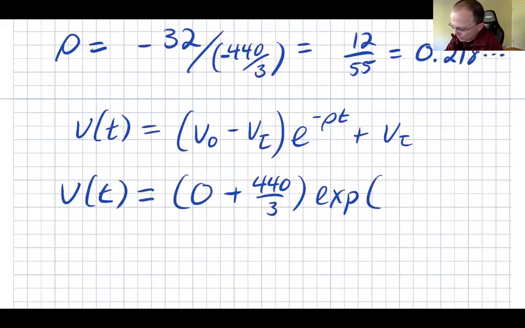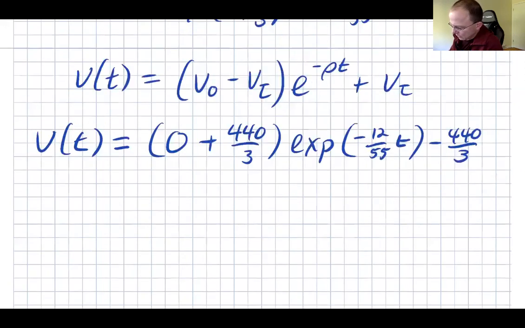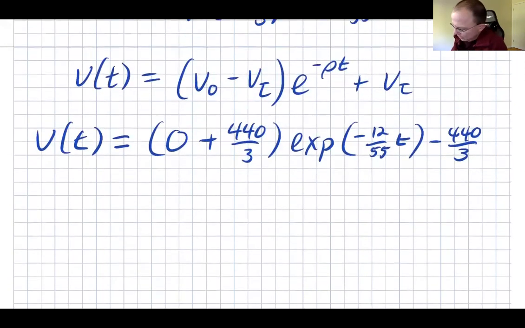All right, perfect. So now we have negative 12 over 55 t, and then plus this terminal velocity, which is negative 440 over 3. Okay, so there is our formula for the velocity.